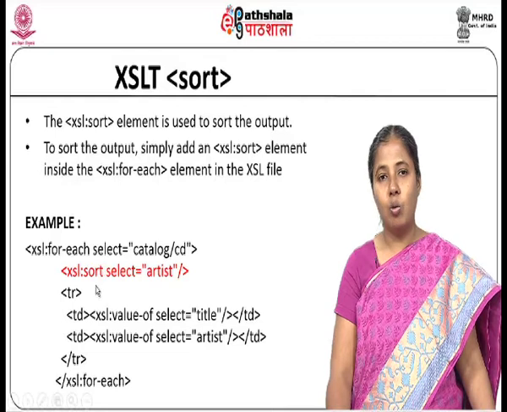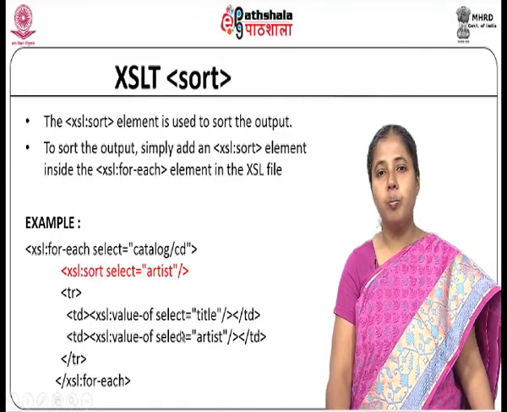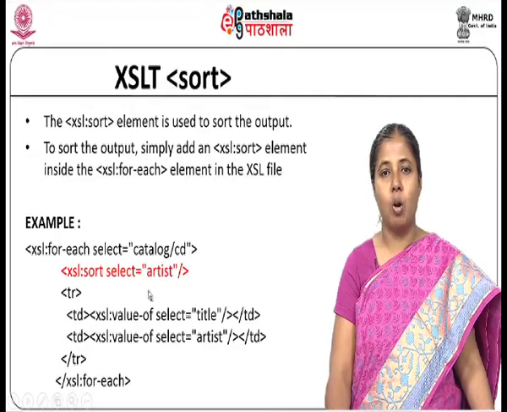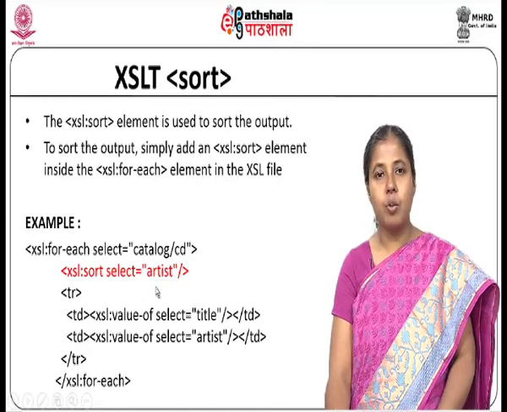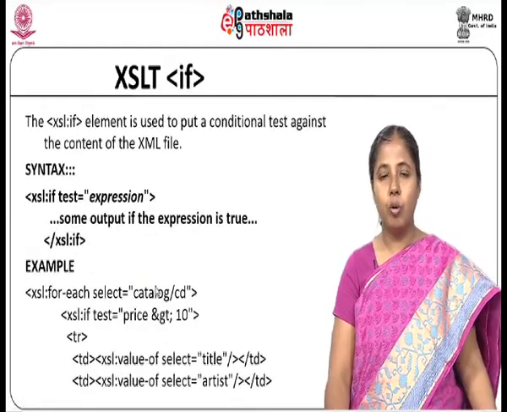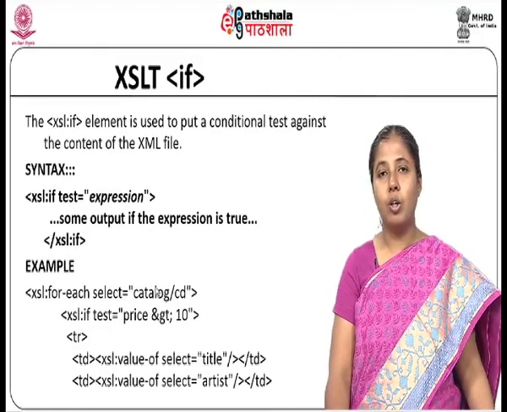Now you make a sort on the value called artist. You display the title and artist, but you are sorting according to the artist. You will see the output of it in the coming example. Similar to sort, there is a conditional element called if.